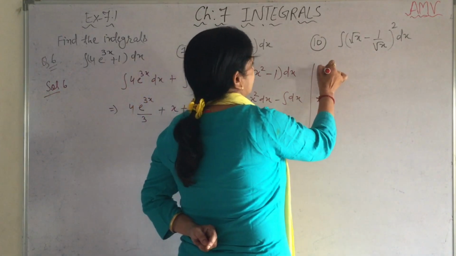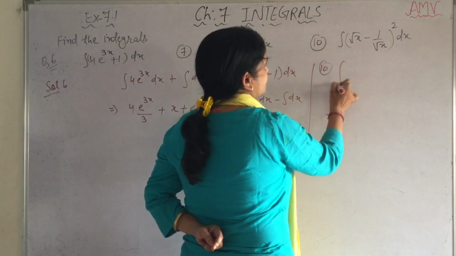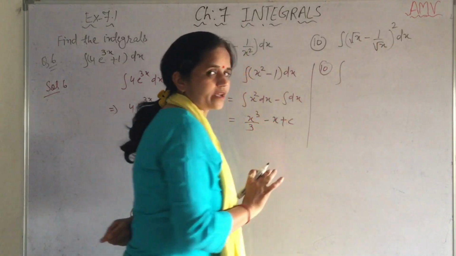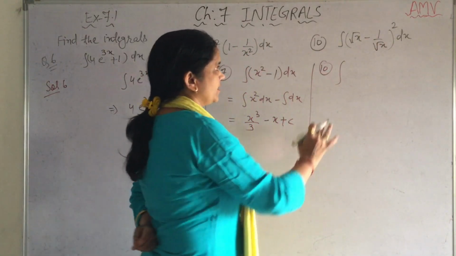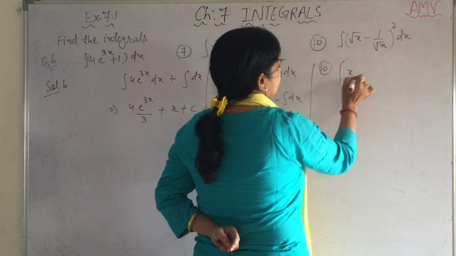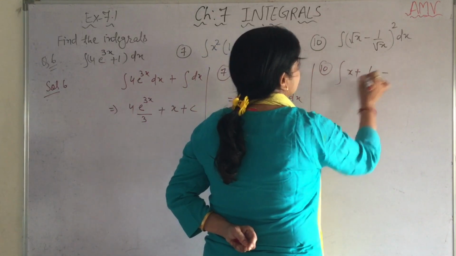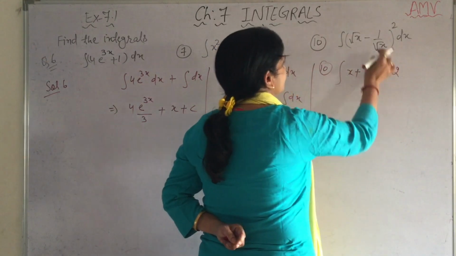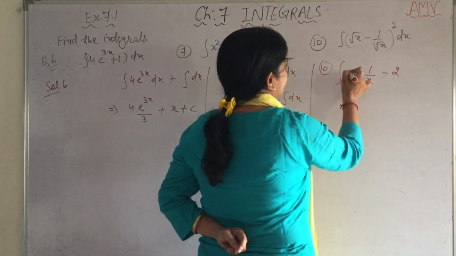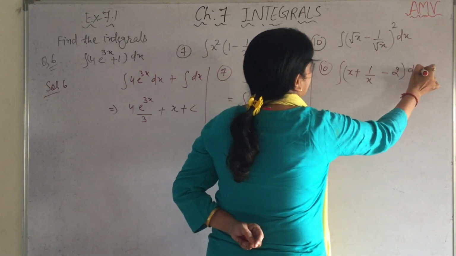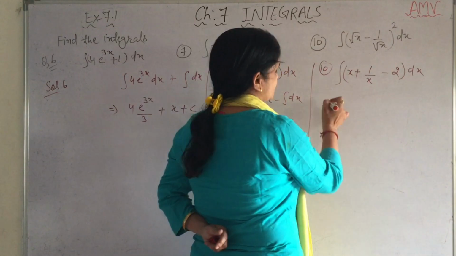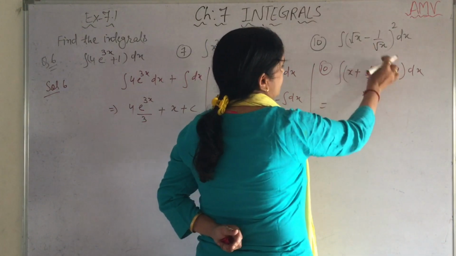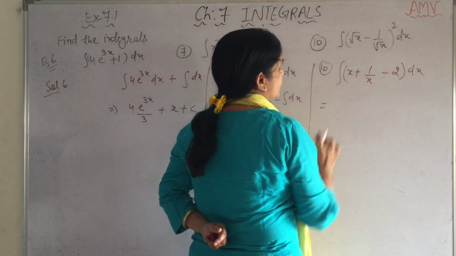Next, question number 10. First, it is a whole square. So expand the square. It is x plus 1 by x and minus 2 when you open this bracket. Apply the formula (a minus b) whole square is a square plus b square minus 2ab.